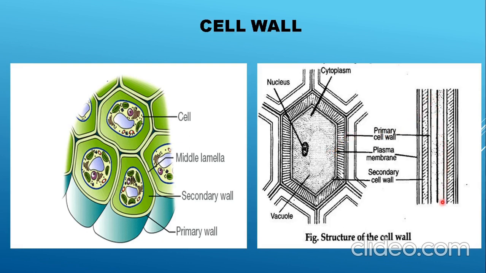This thick line is the middle lamella. So middle lamella, primary wall, secondary wall, plasma membrane for the cell on this side, and likewise for the cell on the other side. That makes up the cell wall.